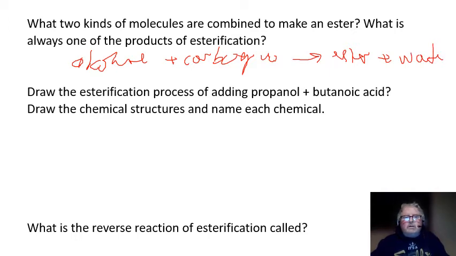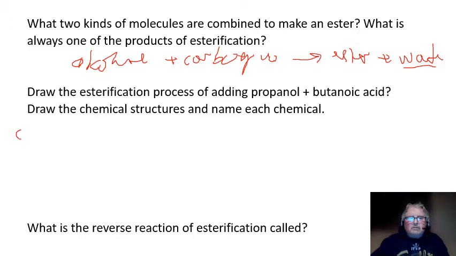So what is also one of the products of esterification? Water. So I'm going to draw this process here, the esterification process of adding propanol with butanoic acid. So I'm going to do propanol first.